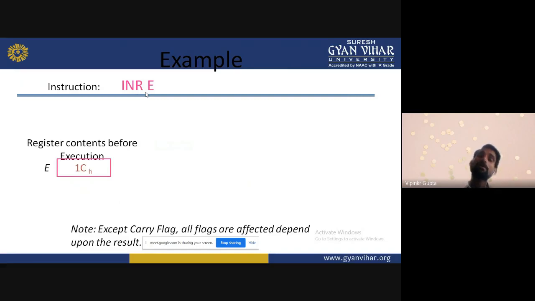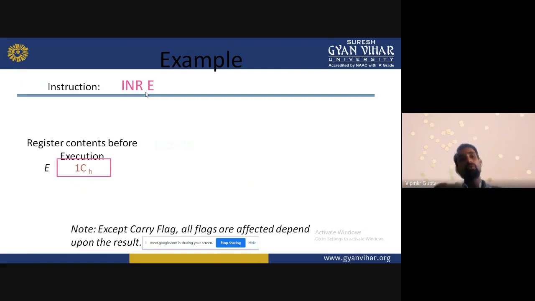Suppose I am writing a program: move immediate E comma 1BH, then INR E. Our question is, what is the value of the E register? E is a register, the pair register of D.